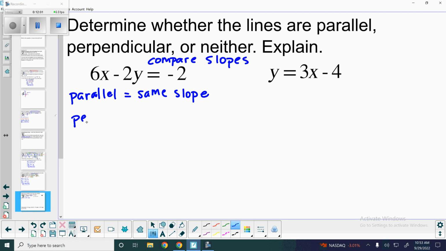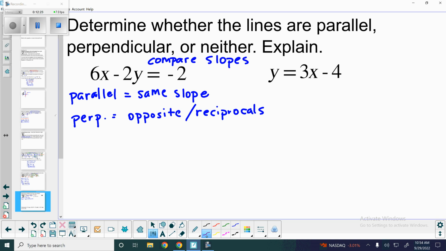If they are perpendicular to each other, remember they have to have those two things. They have to be opposite signs and reciprocals. The neither category would be just two random numbers that don't fall into the parallel or the perpendicular category.